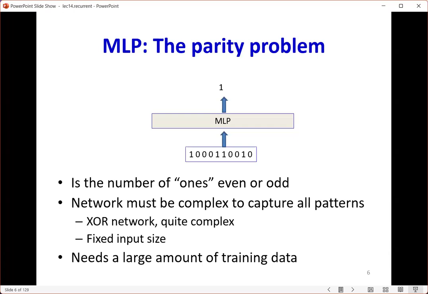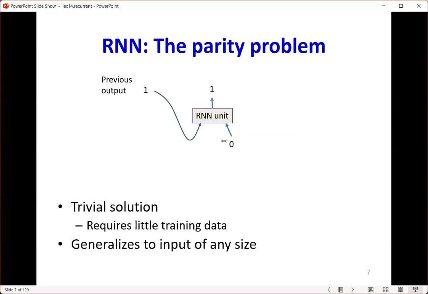Now, if I did this with a recurrent network, how big would the network be? Any guesses? This is all I need to do: the current bit and what the previous output was. That was it.